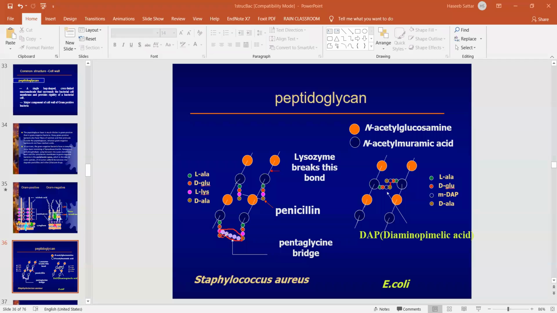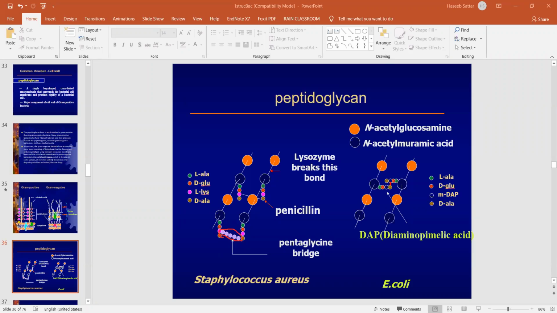This is also unique to Staphylococcus aureus. The glycine bridge between two peptidoglycan chains, the cross linkage, is made up of 5 amino acid molecules. This is unique to Staphylococcus aureus.